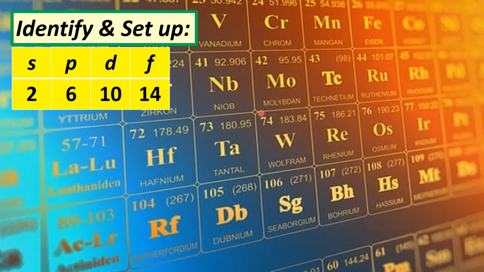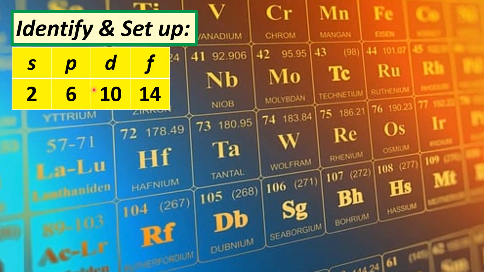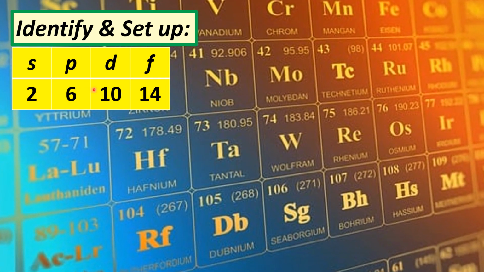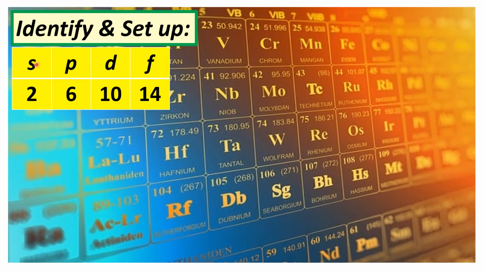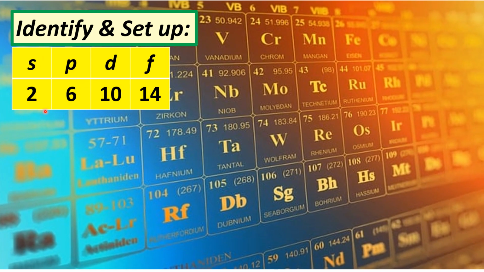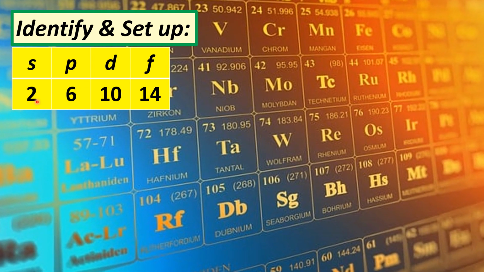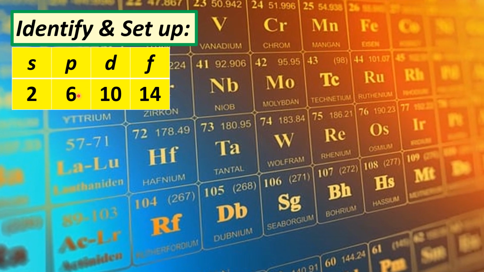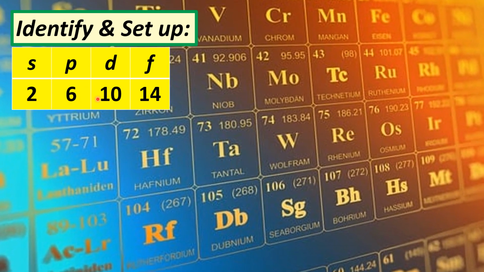Likewise, the maximum number of electrons that can stay in each sub-energy level is given here. For the s orbital, there can only be two maximum electrons. For the p orbitals, there can be six maximum electrons.